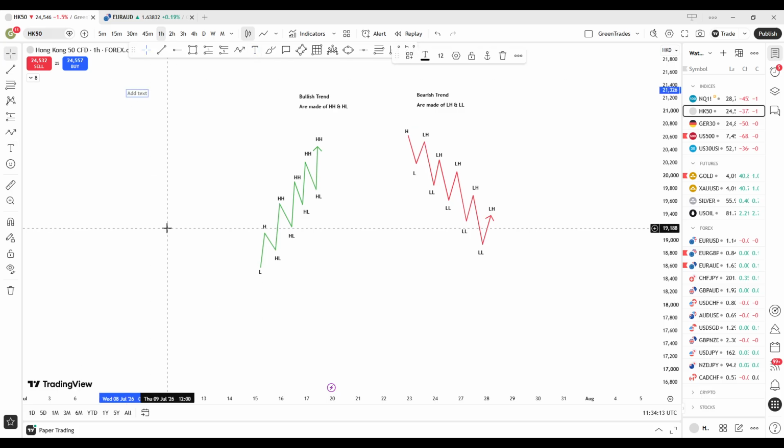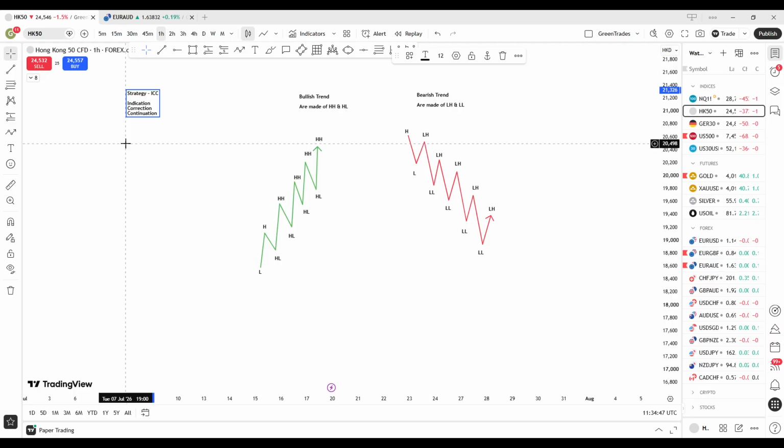The strategy that we trade is ICC, which is indication, correction, and continuation. This is the strategy that we trade. We trade indication, correction, and continuation. That is how we make money off the market. This is the strategy that we use.